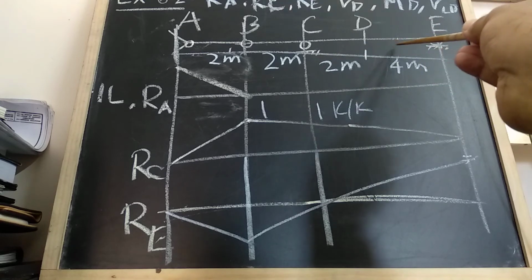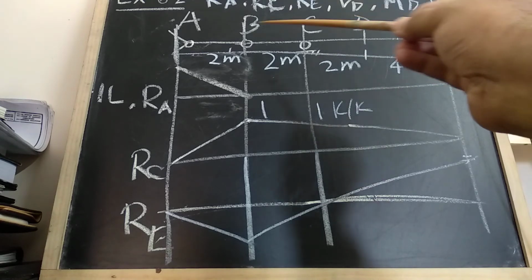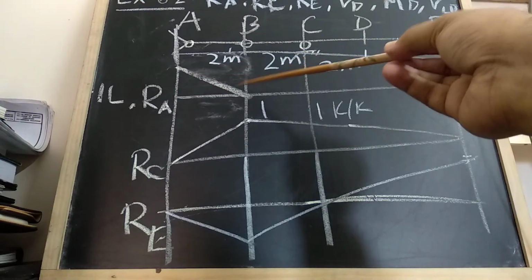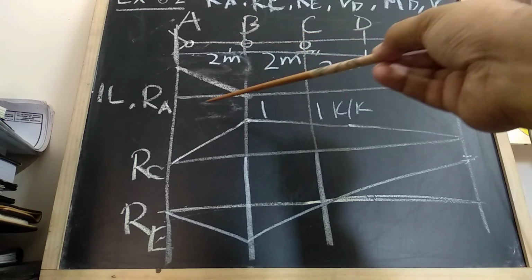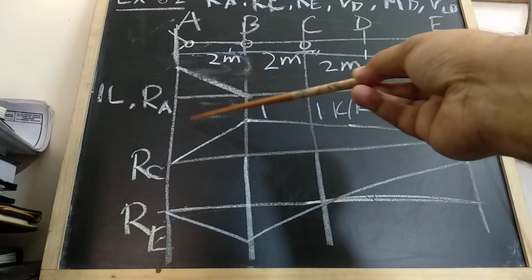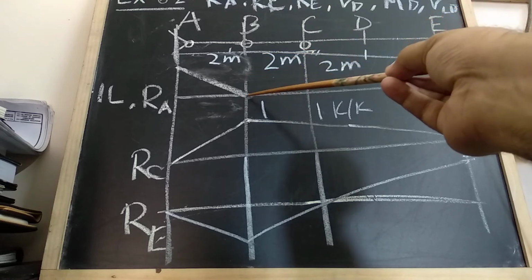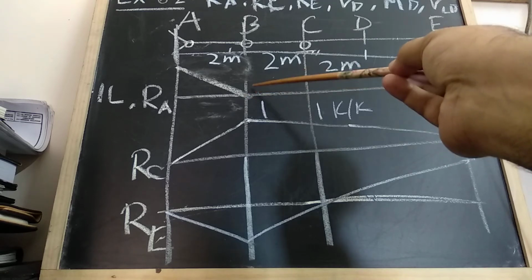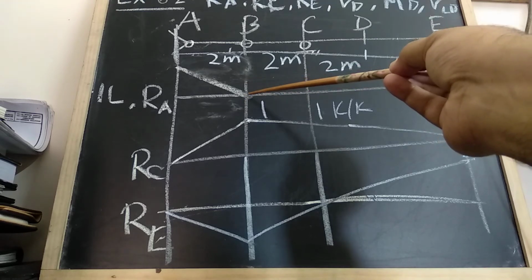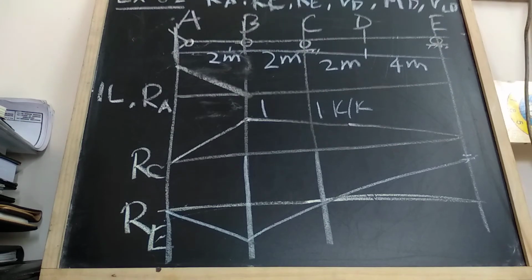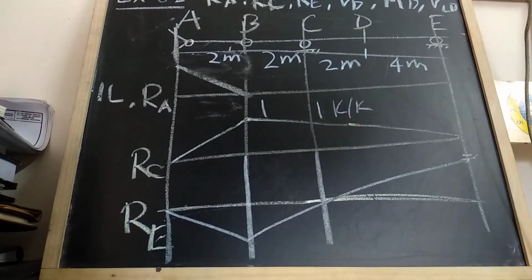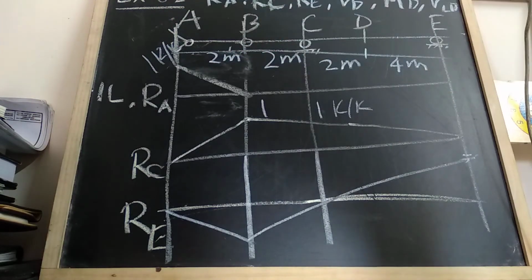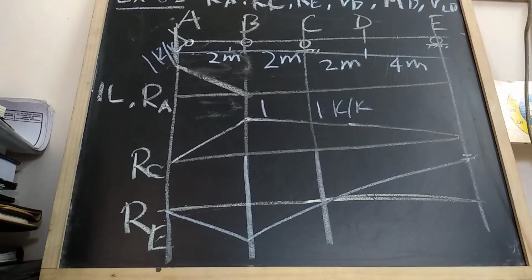BCE is an independent beam, but AB is dependent on BCE. So when the force lands on the other beam, there is no influence on beam AB. That's why it comes to 0. The influence comes to 0 when it lands at B. This is meter, so we should use kilonewton per kilonewton.